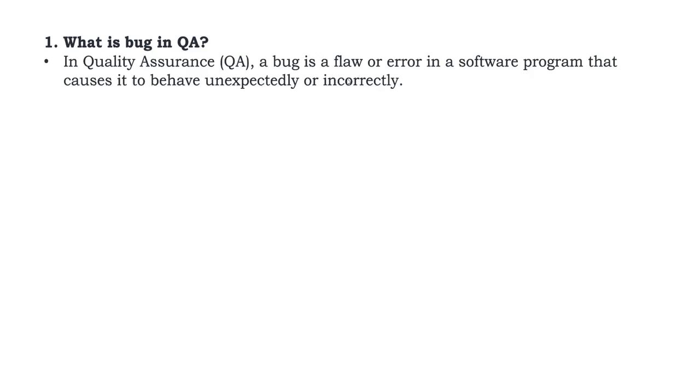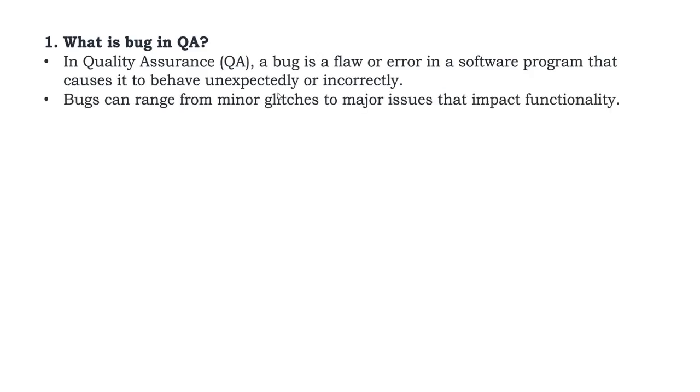In short, you can say it is a deviation from the expectation also. Bugs can range from minor glitches to major issues that impact the functionalities. There are different bug priorities and severities, based on which we will consider the bug which needs to be fixed in the current sprint or in the upcoming sprint.